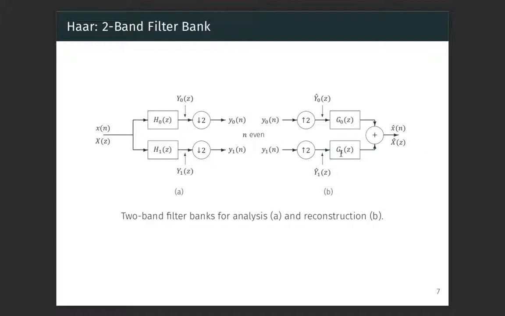So you can swap things around. You have your analysis filter and your reconstruction filters, and you can swap those and reuse the reconstruction filter for analysis and so forth. For the Haar transform, it makes sense. Remember the inverse of the Haar transform itself. Okay, so that kind of makes sense.